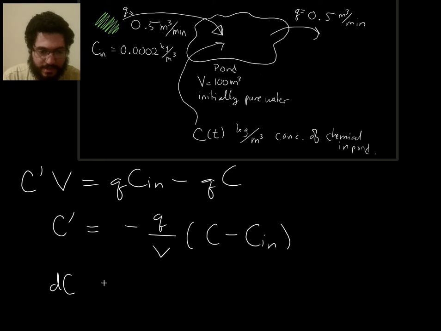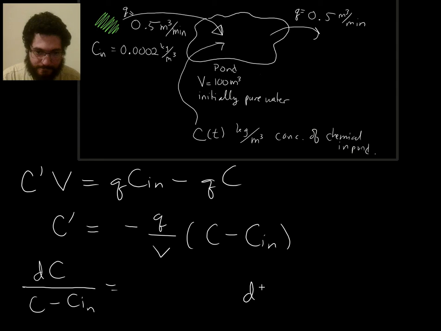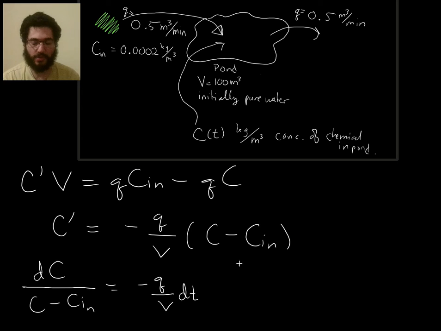Let me just write it as dc, and then move the dt over to the other side. How about like that? And then suddenly I'm going to start viewing this as an integral, and I can do indefinite integrals and do the plus c and get my general solution.